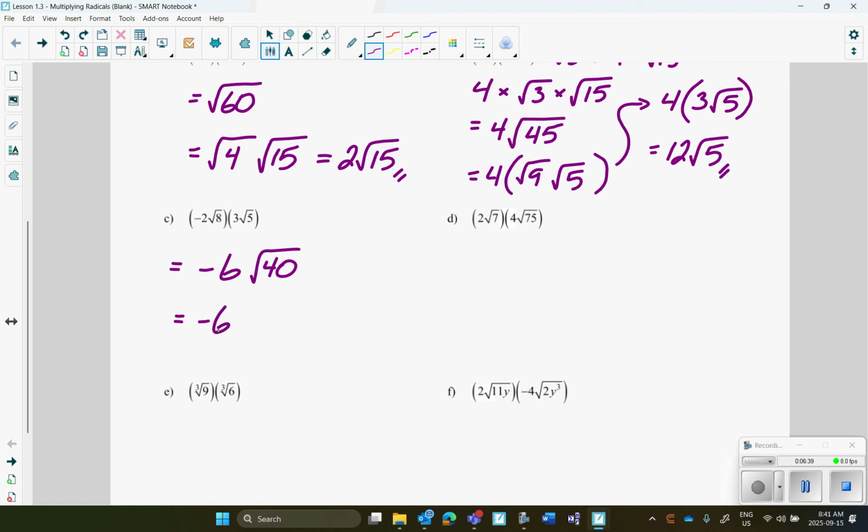Or take it exactly? Four, so root 4 times root 10, which equals -6 times 2 root 10, which equals -12 root 10. Good.